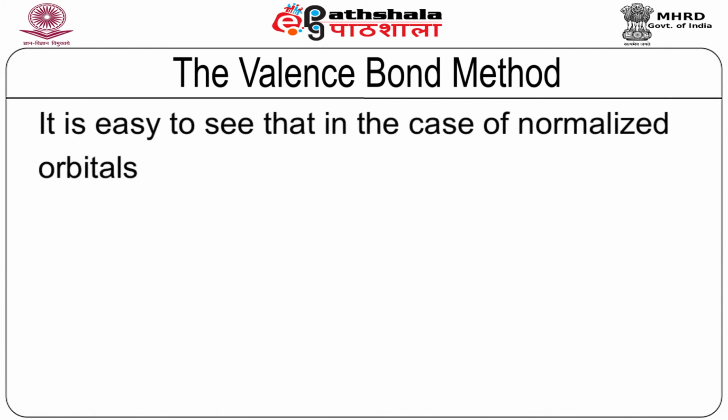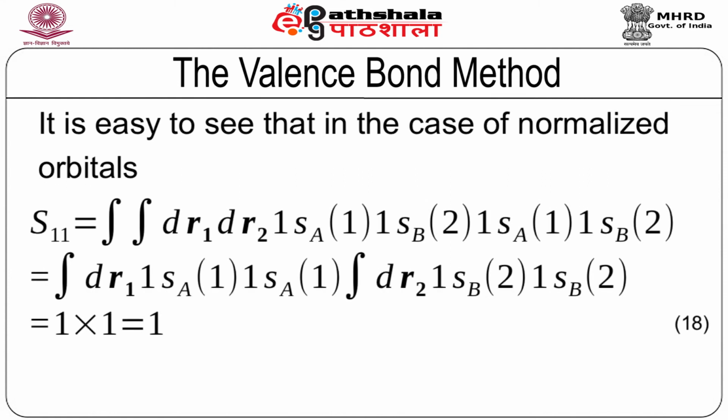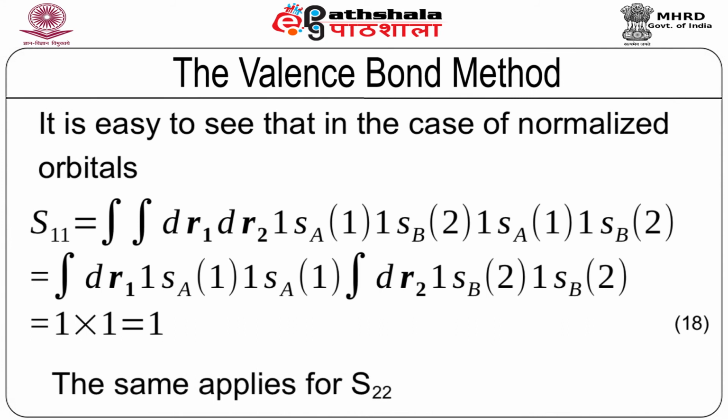It is easy to see that in case of normalized orbitals, S11, that is equal to integral dr1 dr2 1sa1 1sb2 1sa1 1sb2, and that can be written as integral dr1 1sa1 1sa1 and integral dr2 1sb2 1sb2, and that is equal to 1 into 1 and equal to 1. The same applies for S22, so that S22 is also equal to 1.